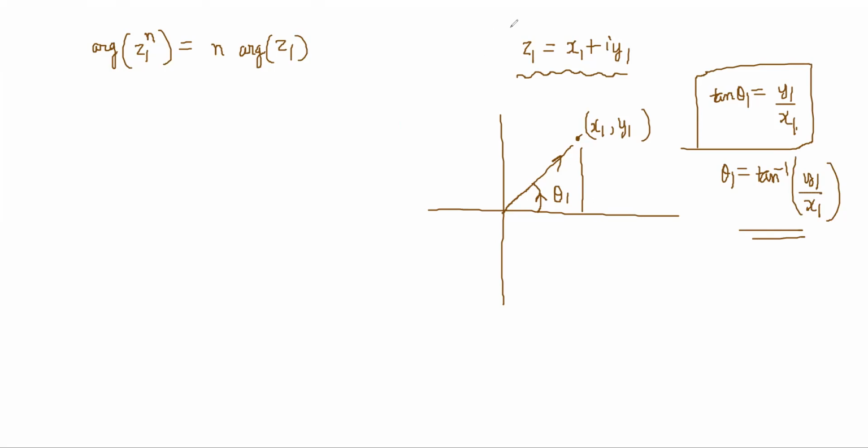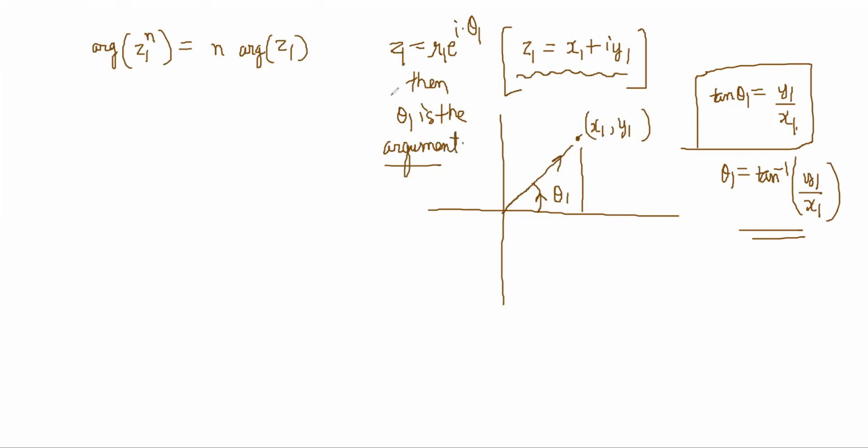It is not immediately obvious if you write it like this, but if you write it in polar form, r1 e^(i theta 1), then theta 1 is the argument. If you write the same complex number in polar form, the angle that comes in the exponent is the argument.